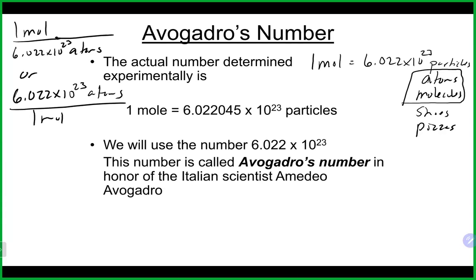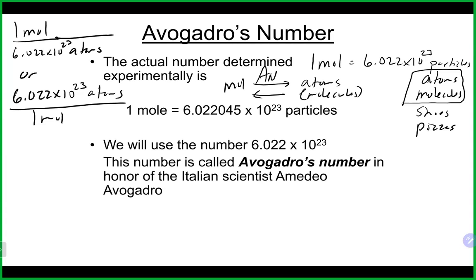And Avogadro's number, again, is really the conversion factor that allows you to go from moles to atoms or molecules, or backwards. If you're starting with atoms or molecules, it is Avogadro's number that basically allows you to go either way.